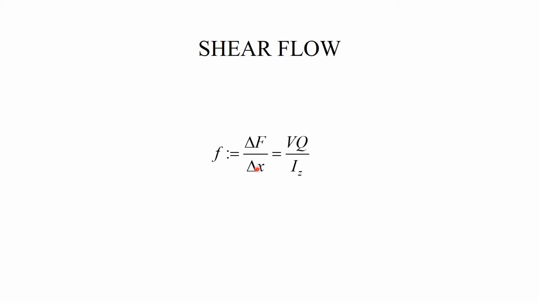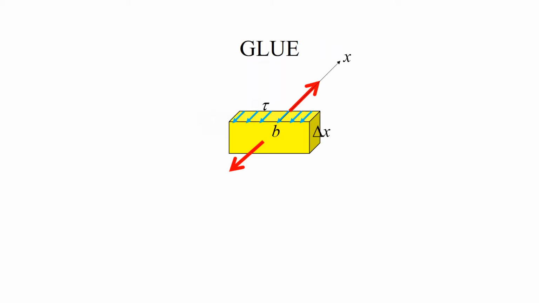But whatever delta F and delta X are, the shear flow is equal to VQ over Iz. So now I would like to exercise this formula by considering area joints, line joints, and point joints. Let me start with the glue.